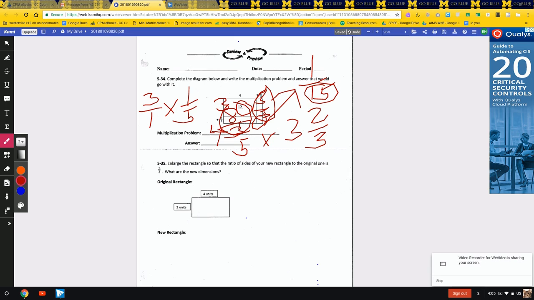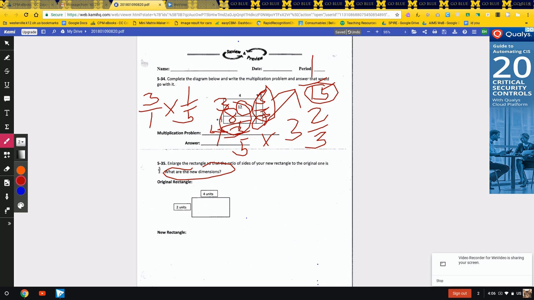So what are the new dimensions if you're going to have a rectangle that is enlarged in the ratio 5:2? Basically, that's saying this one is going to be larger with the ratio of 5:2. There's many things you can do.